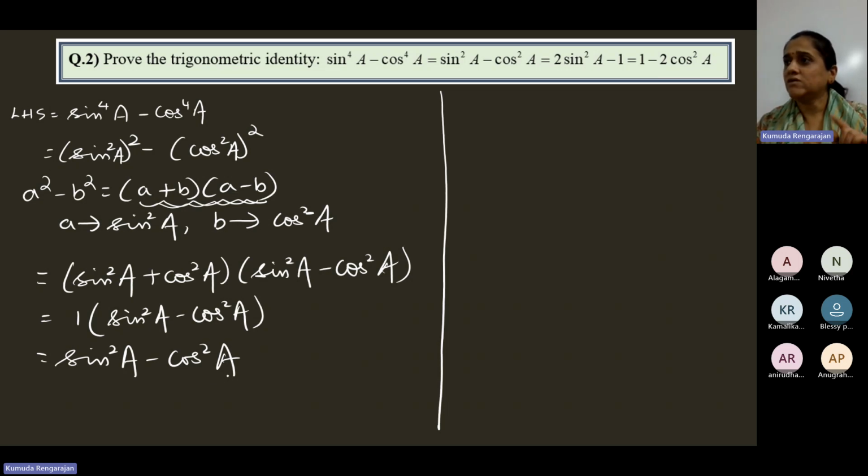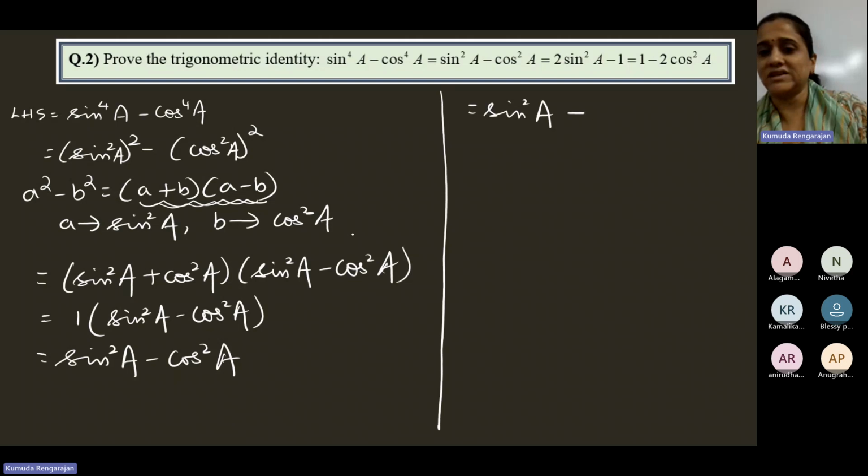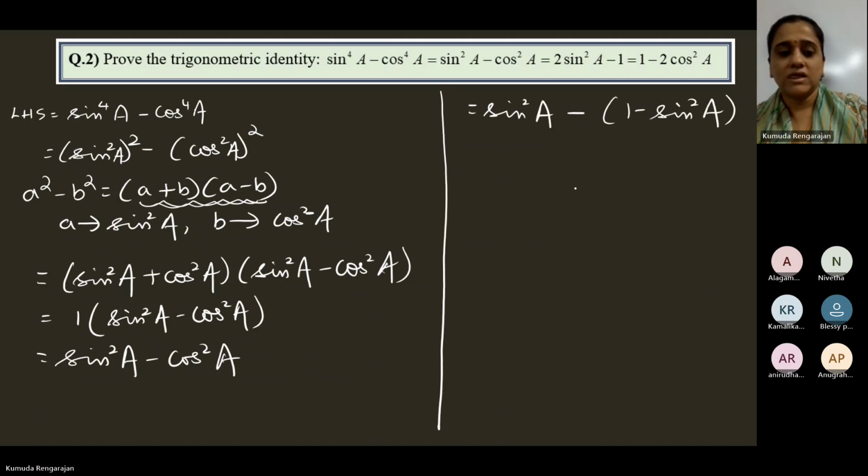Cos square A is 1 minus sine square A. So sine square A minus cos square A becomes sine square A minus 1 minus sine square A. There's a minus, so we should write it in a bracket.